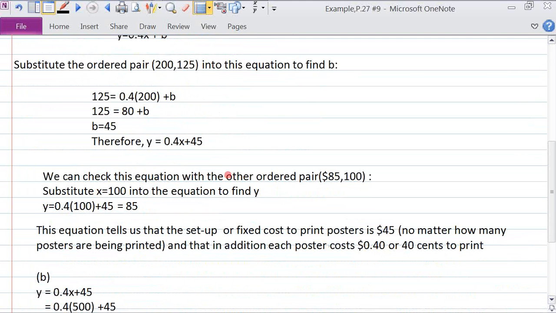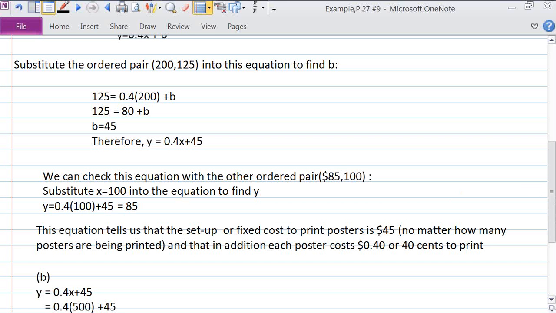We can check this equation with the other ordered pair, 100, 85. In other words, we use the second ordered pair to get B, but we can check the equation with the other one. And we're going to substitute 100 posters into the equation to find Y. So Y equals 0.4 times 100 posters, plus 45, we get 85.